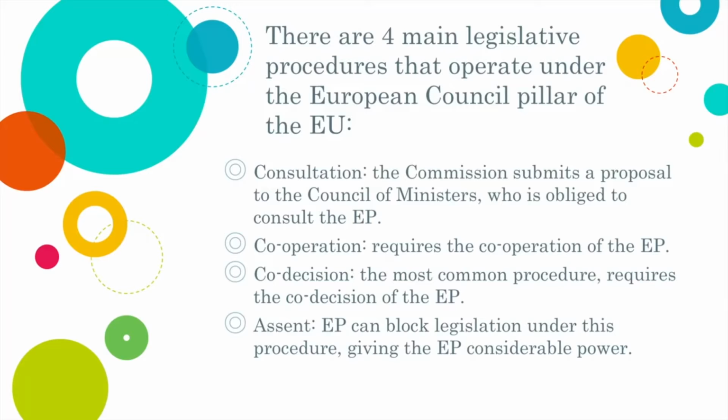Cooperation requires the cooperation of the European Parliament. Co-decision, the most common procedure, requires the co-decision of the European Parliament. Assent: the European Parliament can block legislation under this procedure, giving the European Parliament considerable power.